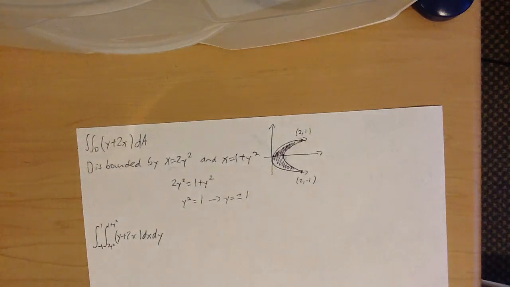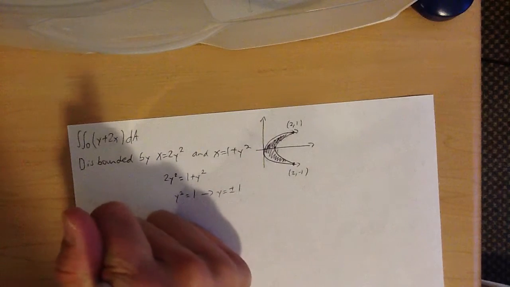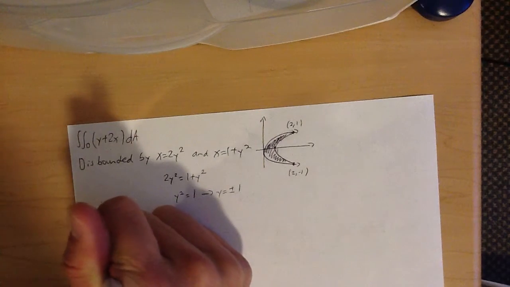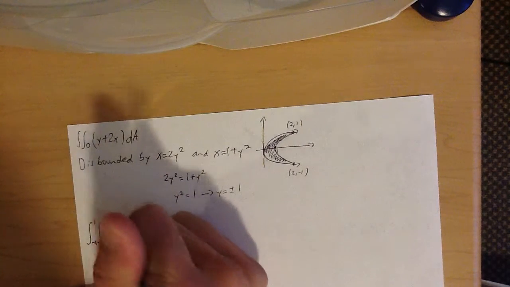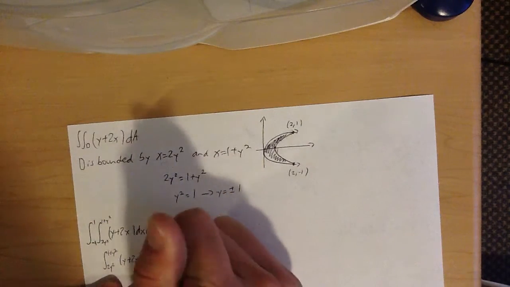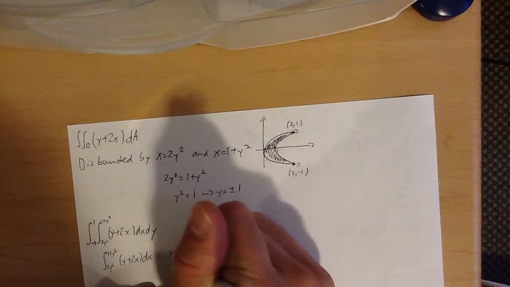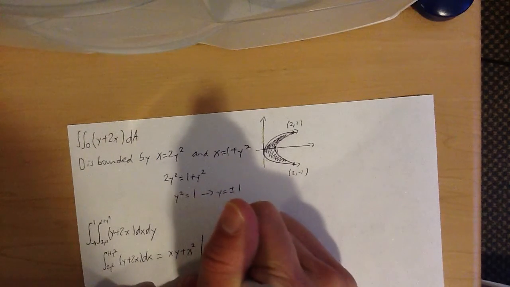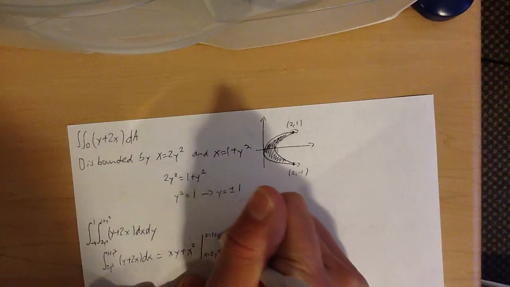Okay. So let's take care of the x integral first. It's simply x, y plus x squared, y from x equals 2y squared to 1 plus y squared.